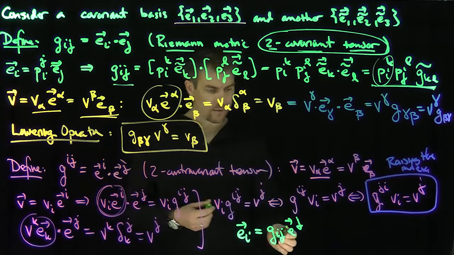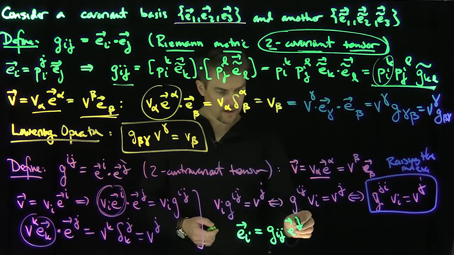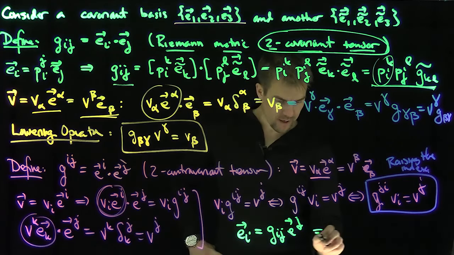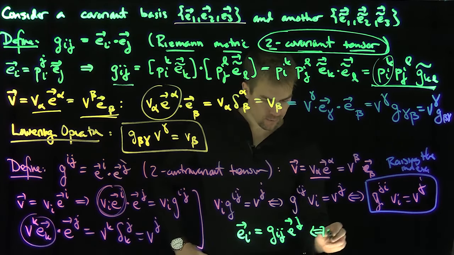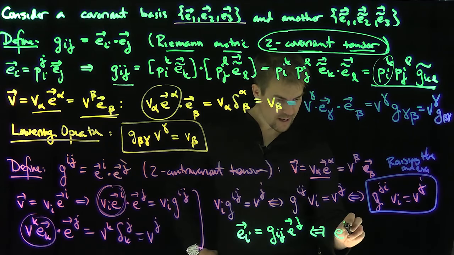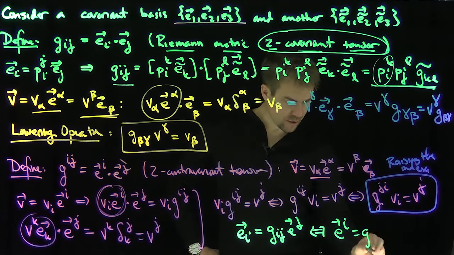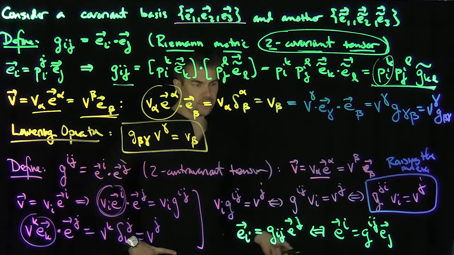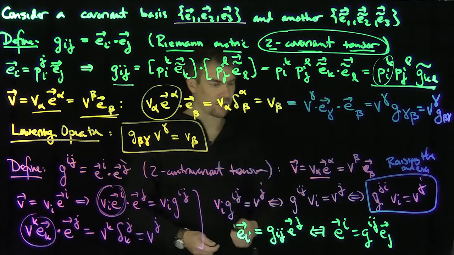So if I can lower the index by hitting the contravariant basis with this, the opposite is also true: E^i upper is the same as G^ij and then E_j lower. In other words, these are inverse relationships of each other, by applying the inverse matrix to either side.